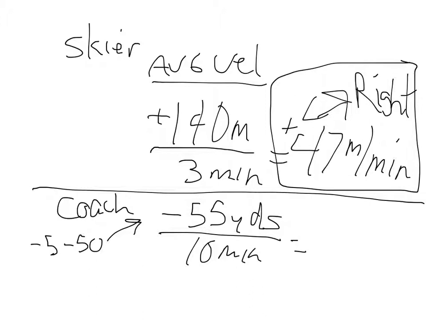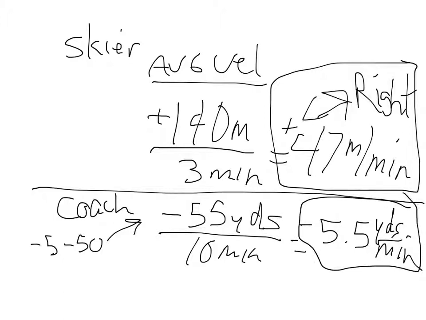So that would end up giving us 5.5 yards per minute. And we would have a negative sign. That would indicate he was pacing to the left. So that's how you would end up calculating the average velocity for those two problems.